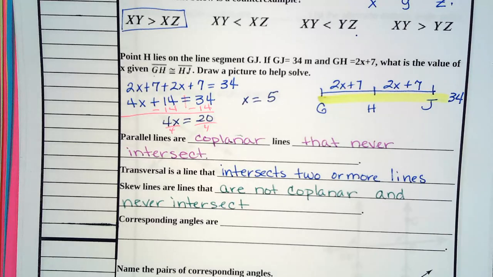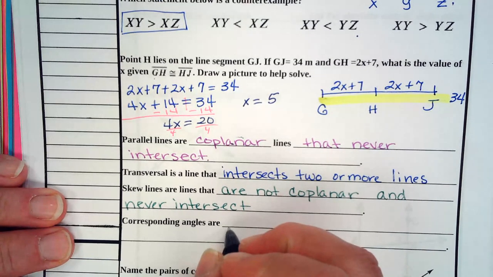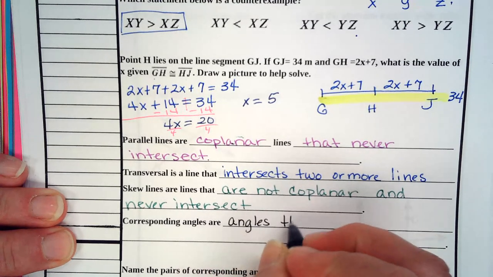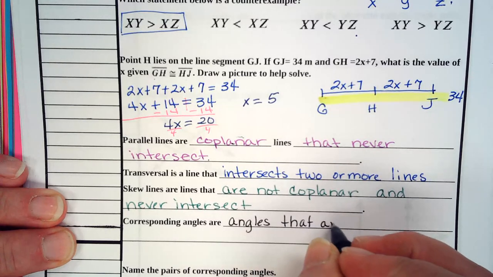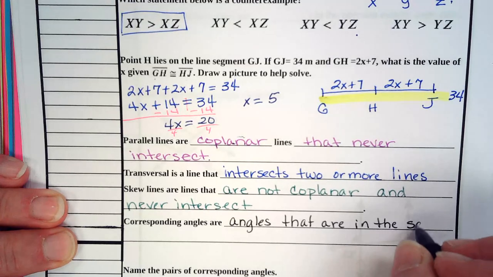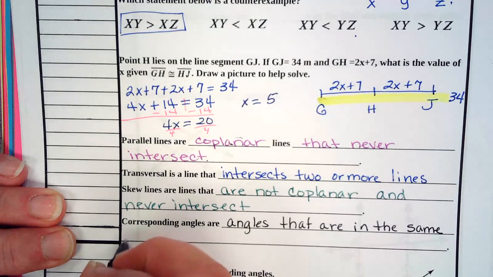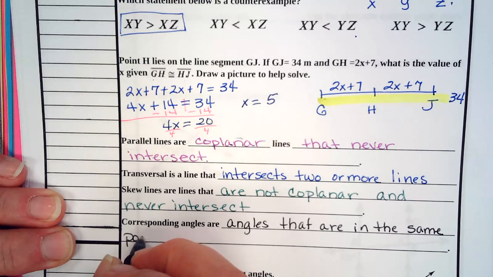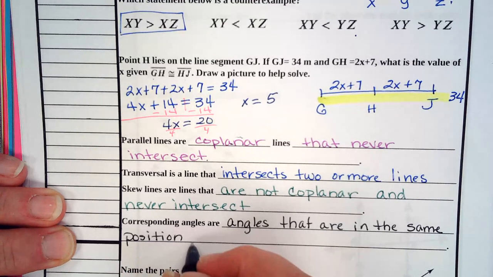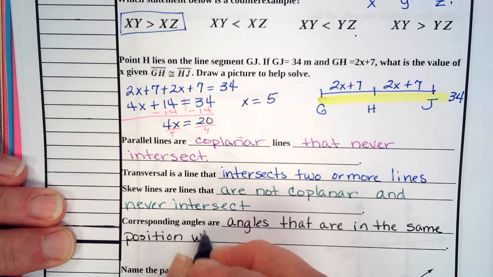Corresponding angles are angles that are in the same position when lines are cut by a transversal.